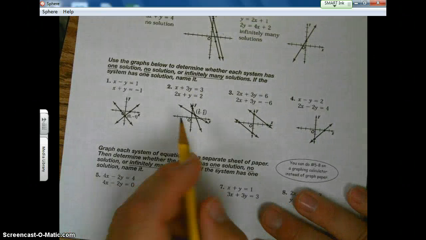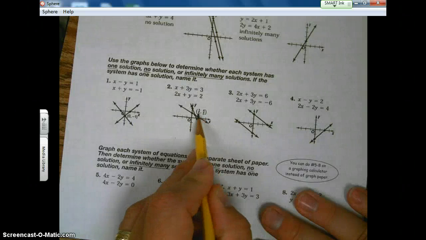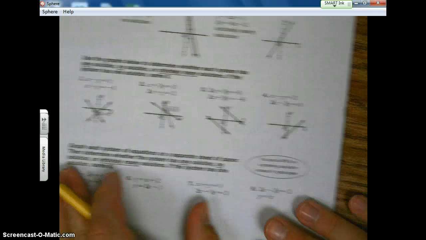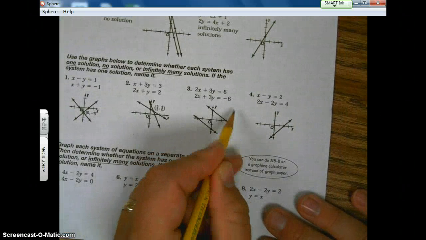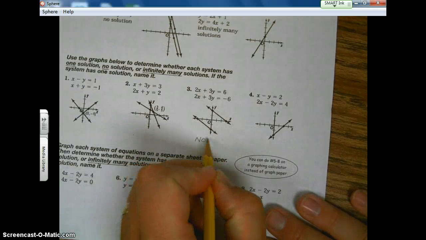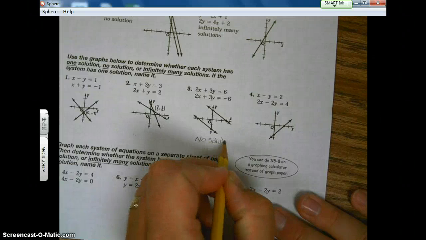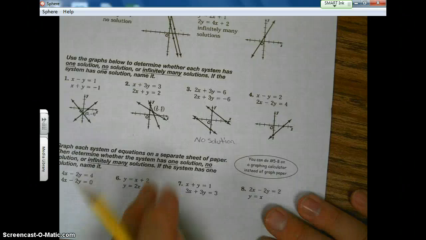Okay, the second one, here we have one solution, and the solution is (3/5, 4/5). Here we have parallel lines. So in this case, we have no solution. Why? Because they do not intersect.